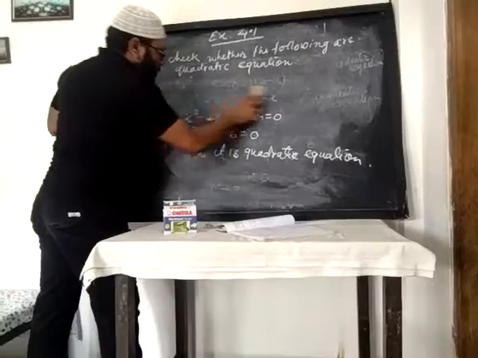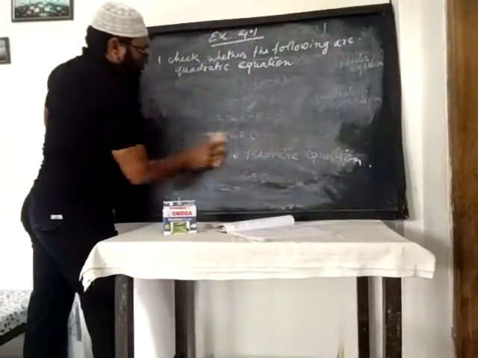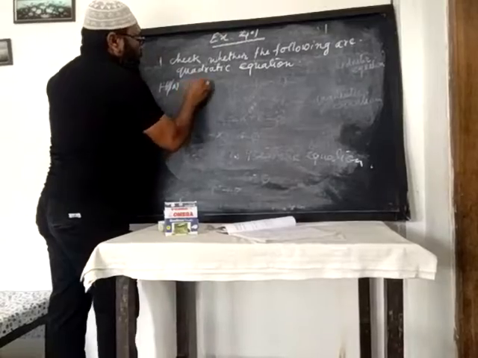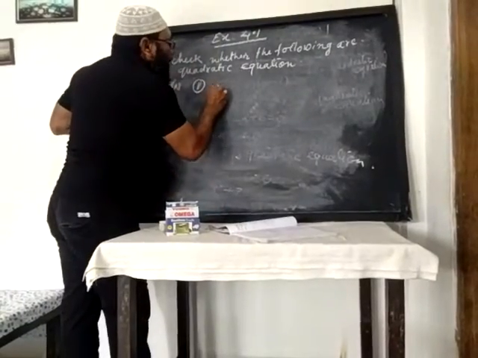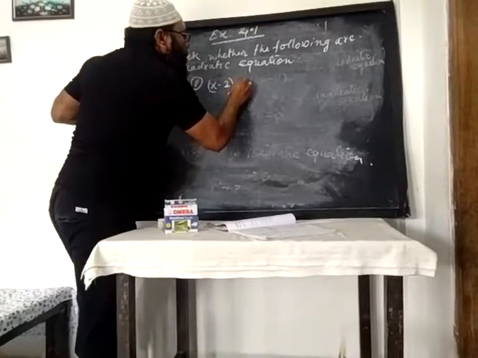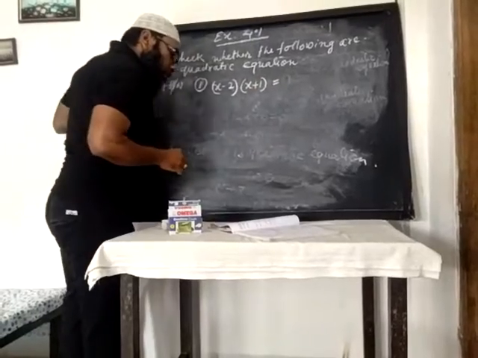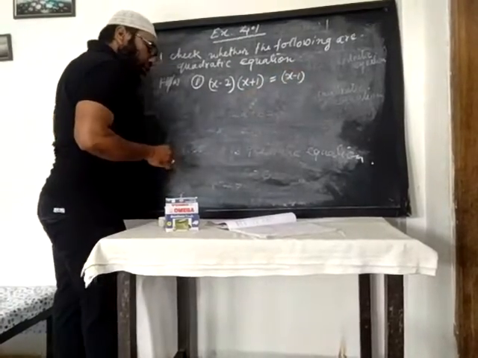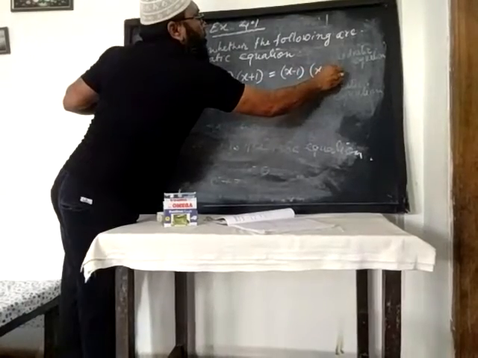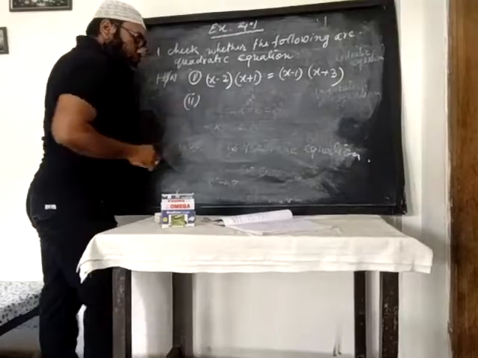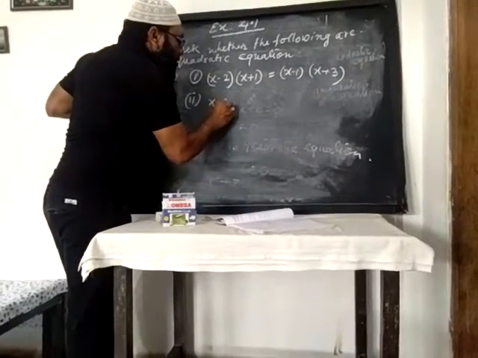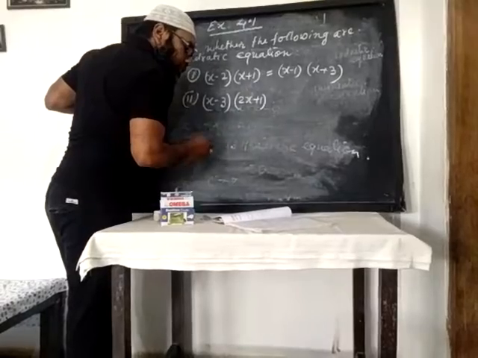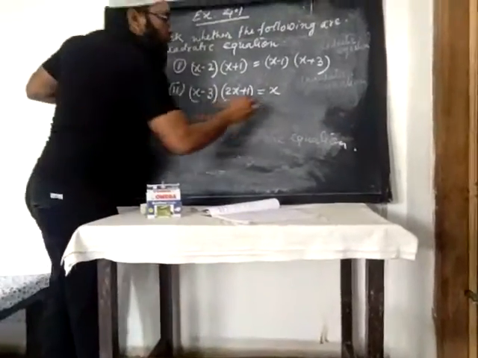For homework, number 1: x minus 2 times x plus 1. x minus 1 times x plus 3. x minus 3 times 2x equals x plus 5.